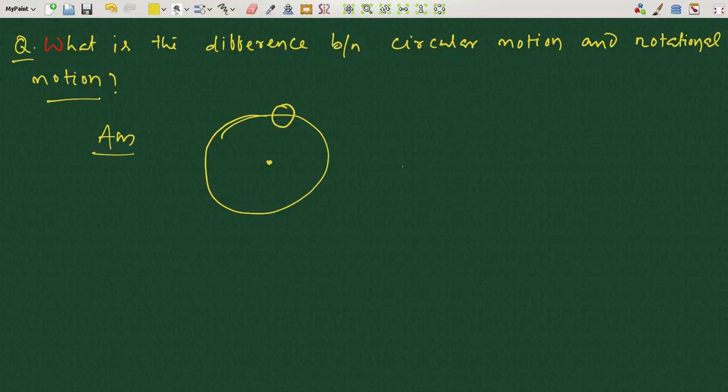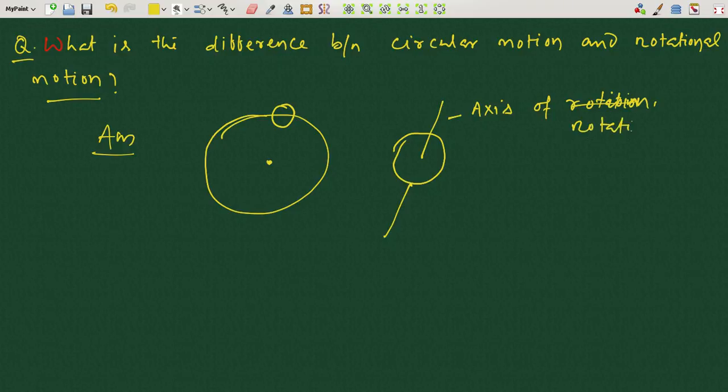But when a body is doing rotational motion, it is just spinning about an axis, that is called the axis of rotation.